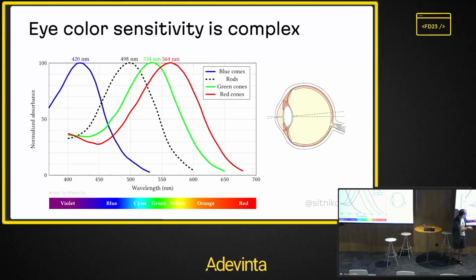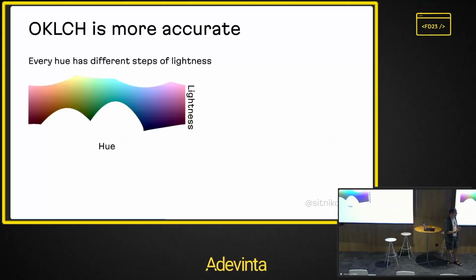Unfortunately, this is a very tricky case, and as a result, we humans don't see the same amount of lightness for every color. We see colors very differently. We see greens much better than other colors, and you can see it here.